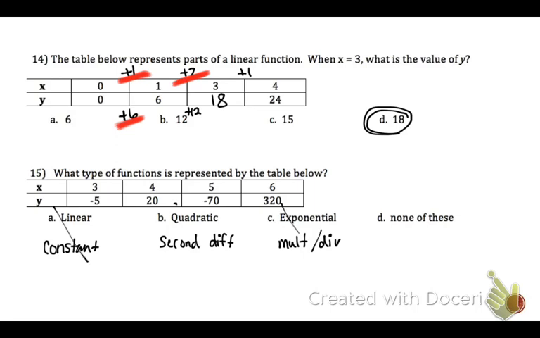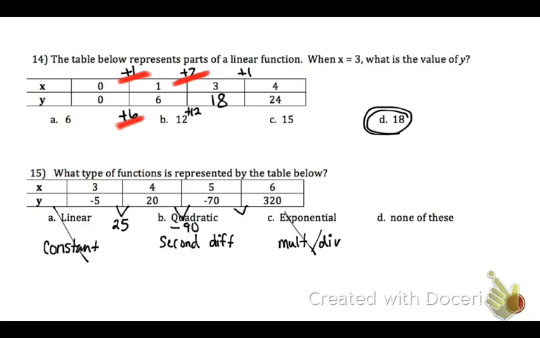So we can cross off linear. We can cross off exponential. Now we need to check quadratic. So for quadratic, we're finding our second difference. So let's start by finding our first difference. Our first difference here, we would add 25 to get from negative 5 to 20. Our next difference, we would subtract 90.